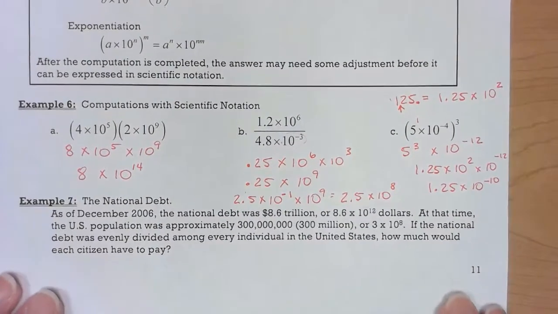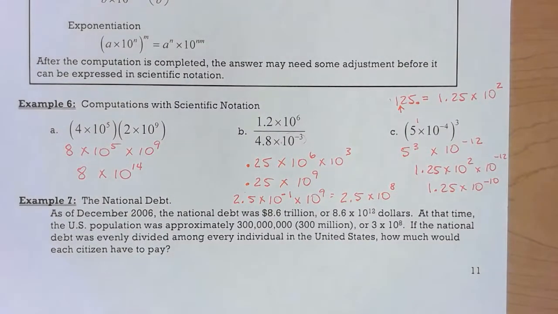One more problem. National debt. As of December 2006, the national debt was 8.6 trillion, or 8.6 times 10 to the 12th. At that time, the U.S. population was approximately 300 million, or 3 times 10 to the 8th.